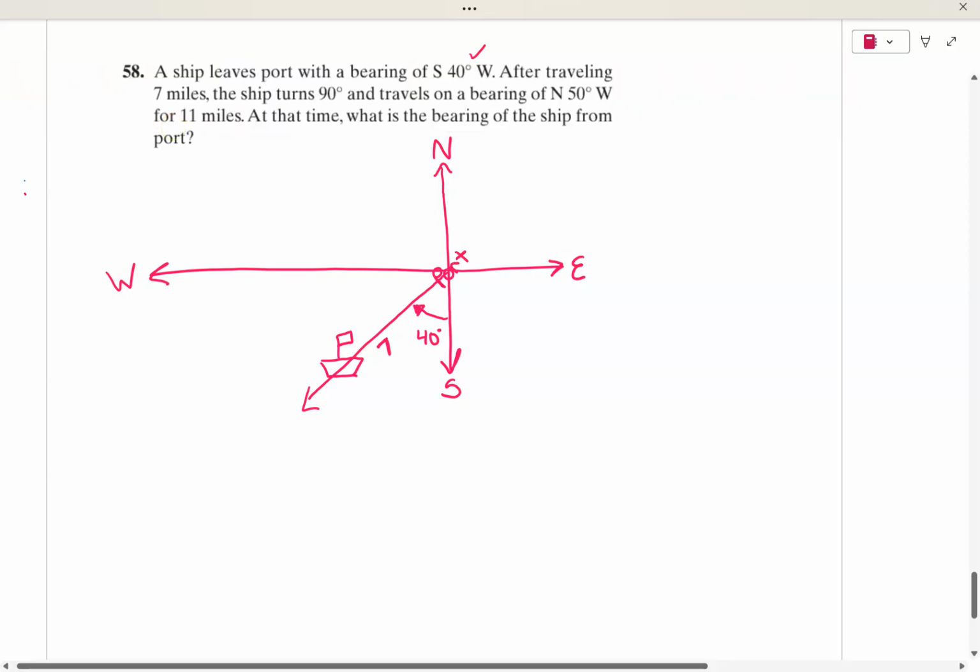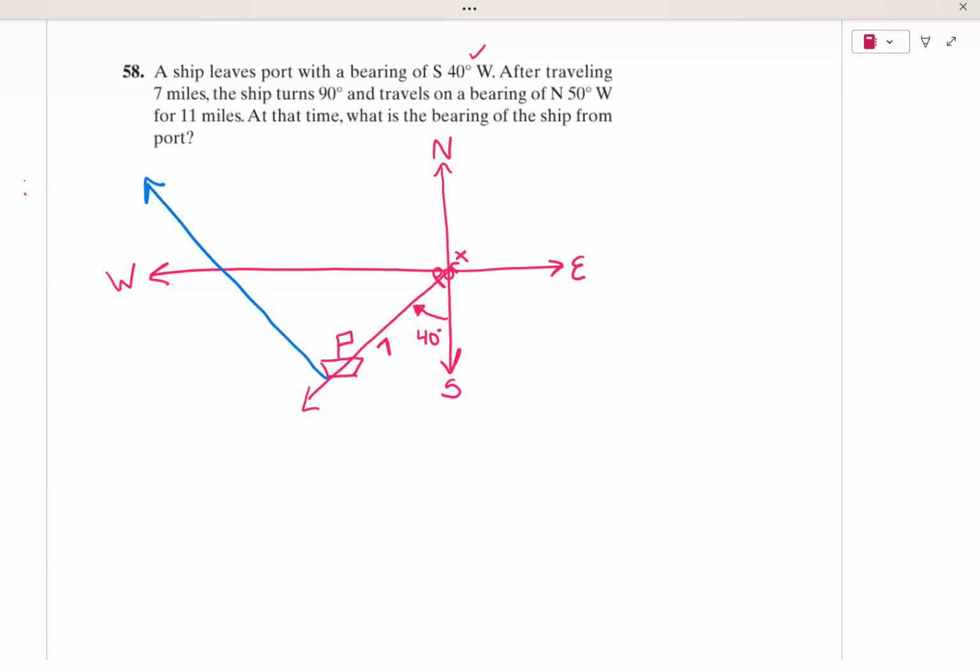Then it turns 90 degrees. Okay, turned 90 degrees and travels on a bearing. So here we go again. We got another bearing. I'm just going to go ahead and draw this up high. So north, south, east, west.